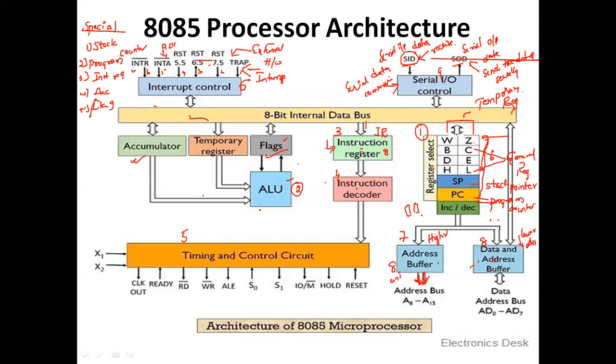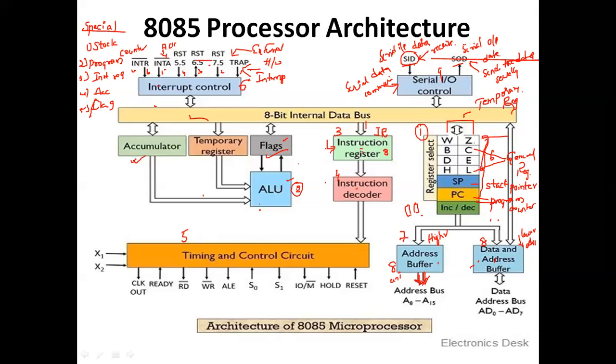The data on these lines is accepted or transferred under software control by the serial IO control block. So that is the purpose of the serial IO control block.